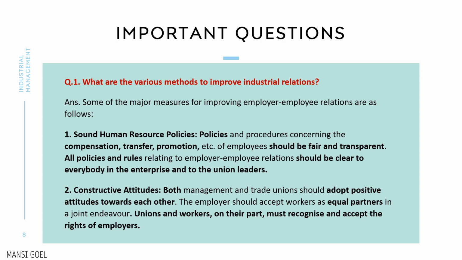All policies and rules relating to employer-employee relations should be clear to everybody in the enterprise and to the union leaders. 2. Constructive attitudes. Both management and trade unions should adopt positive attitudes towards each other. The employer should accept workers as equal partners in a joint endeavor. Unions and workers, on their part, must recognize and accept the rights of employers.